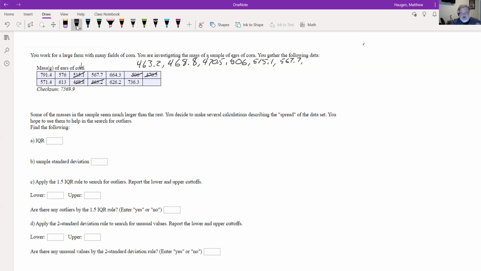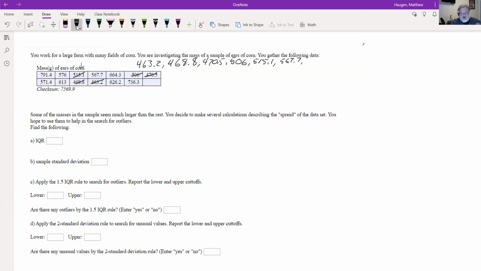So 571.4. Okay, so to find the interquartile range, we need the other quartiles. So that means we need to take our lower list here, up until, but not including, the 571.4. So that's 1, 2, 3, 4, 5, 6.